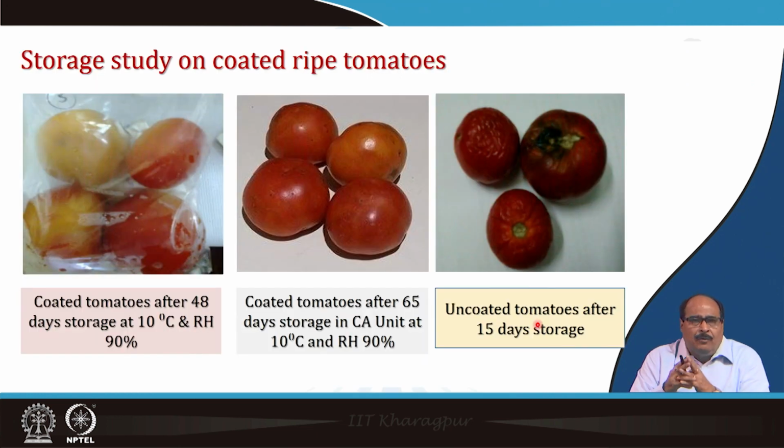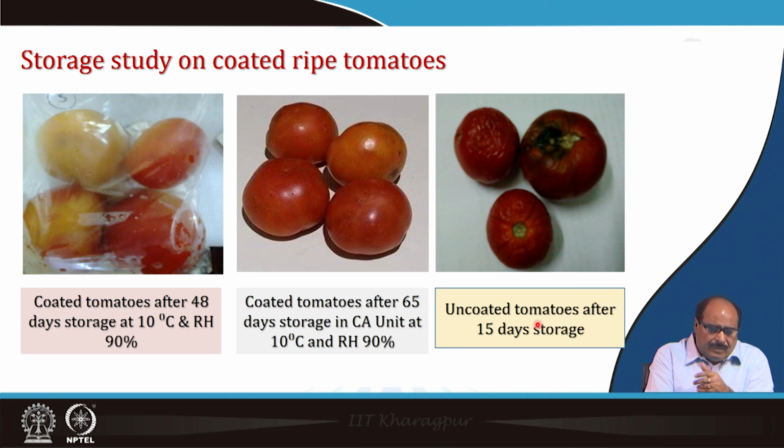We have found in our study that the coated tomatoes, after 48 days of storage at 10 degrees Celsius and 90% humidity, were also kept in a controlled atmosphere unit.